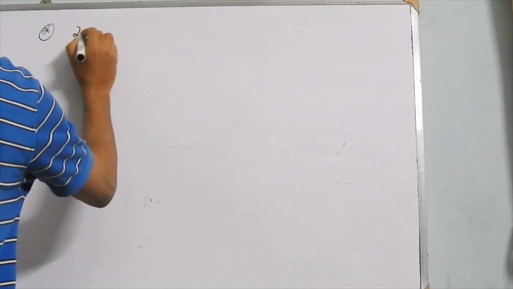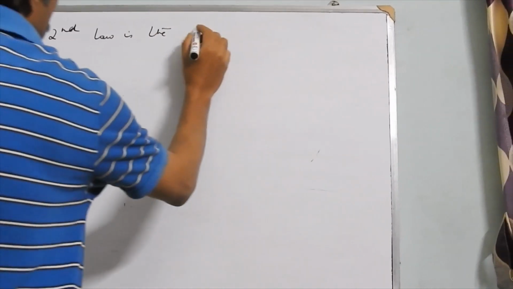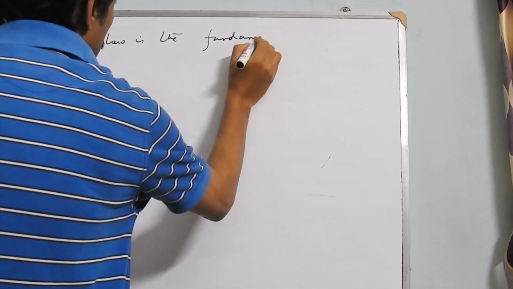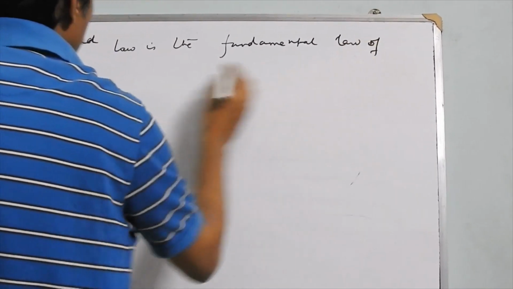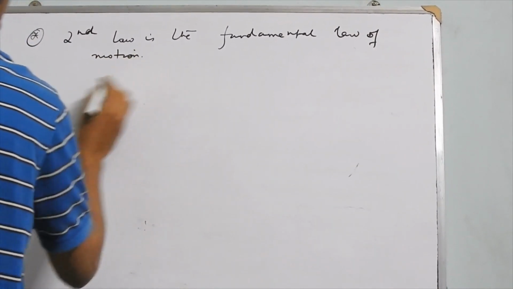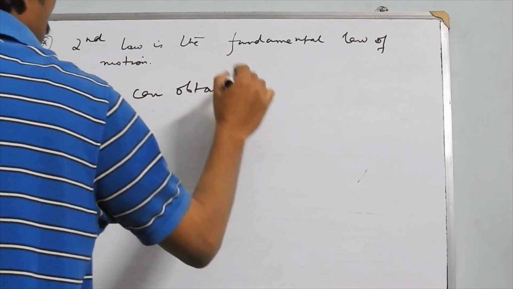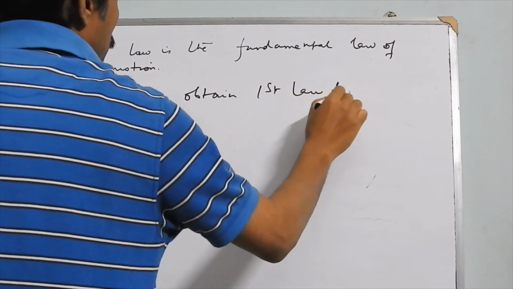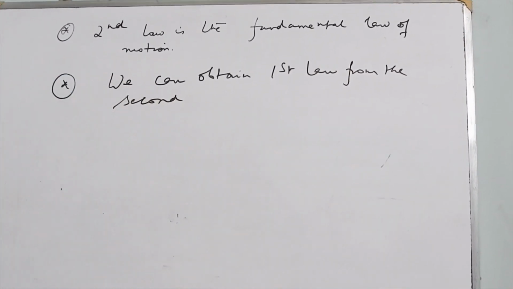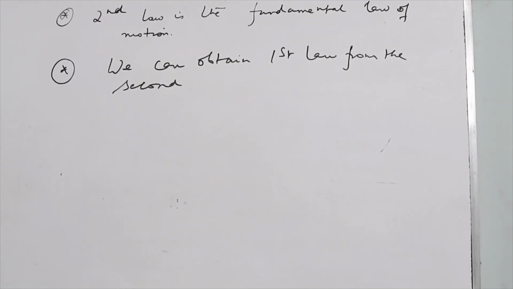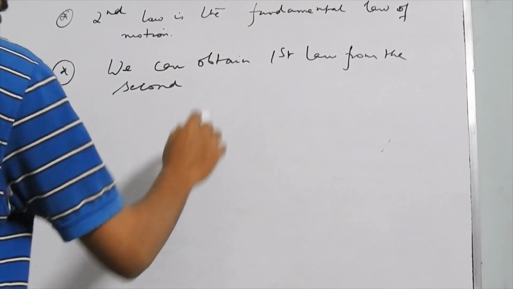And as we progress, after we learn the third law, we can also realize that the third law can be obtained from the second law also. That's why it is called the fundamental law of motion.